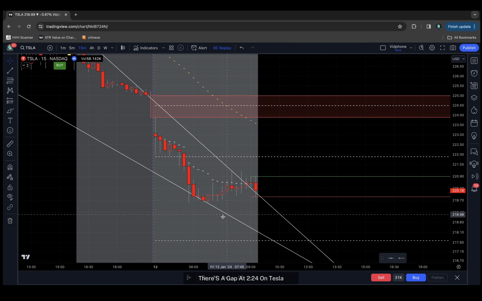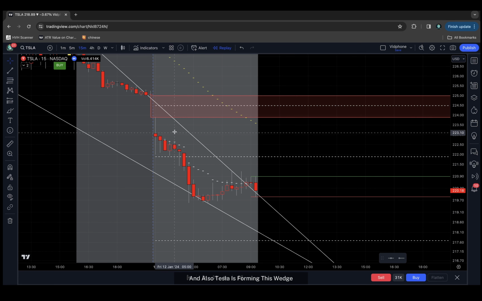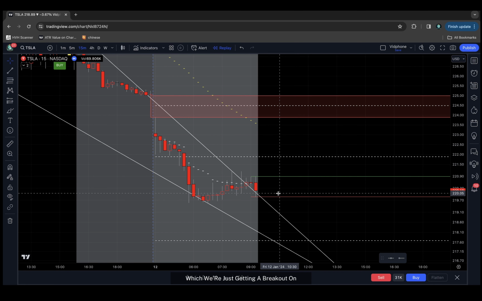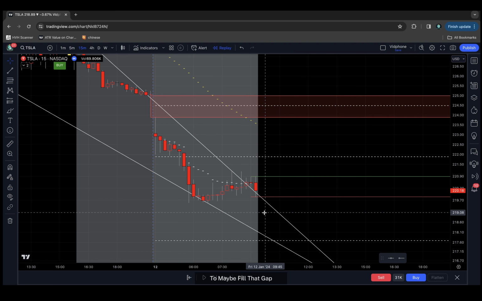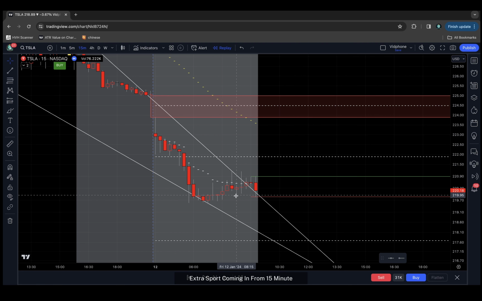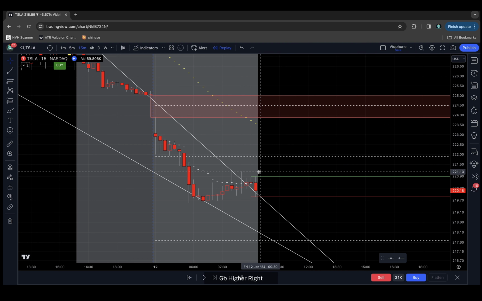There's a gap at 224 on Tesla, and also Tesla is forming this wedge, which we're just getting a breakout on the 15-minute, which gives us a little bit of confirmation that Tesla will pop all the way up toward 224 to maybe fill that gap. Now that this 220 level has extra support coming in from the 15-minute, Tesla gives us an idea that it can go long above 221 up to 222 and maybe even fill that gap and go higher, right?